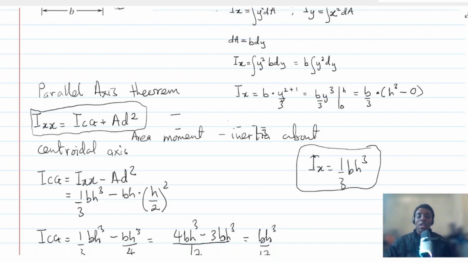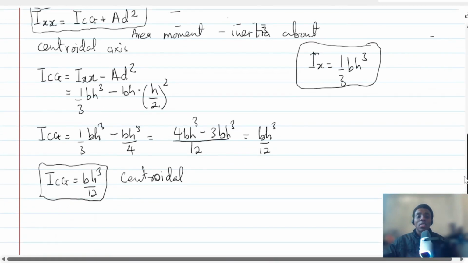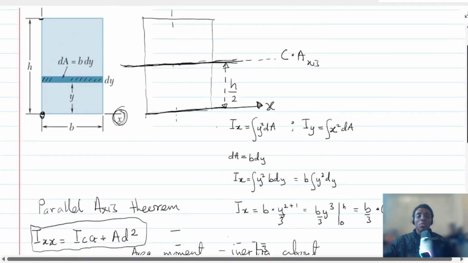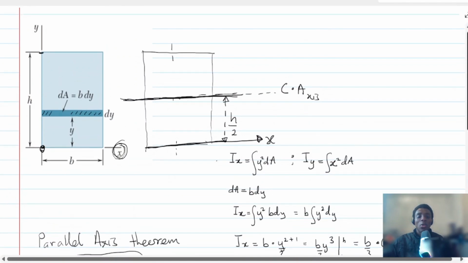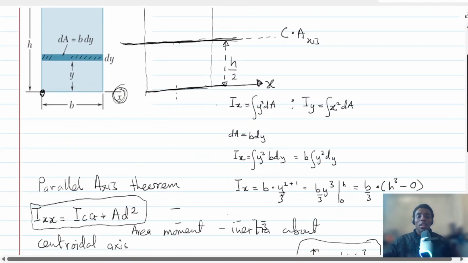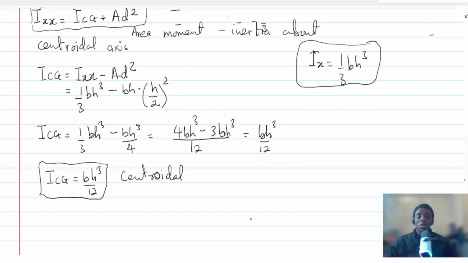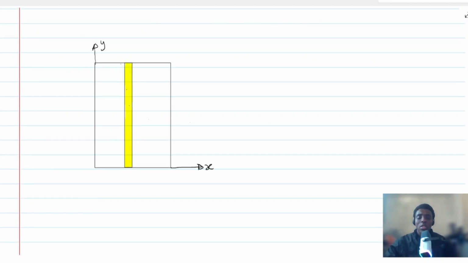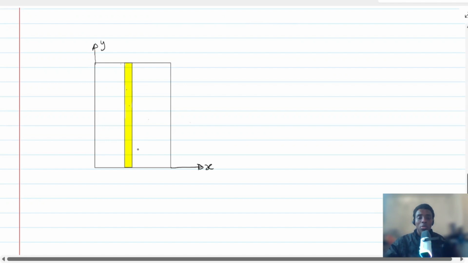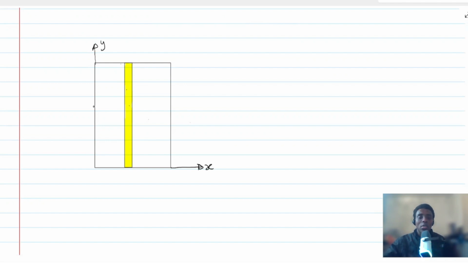Now that we have done for the x, let's do the same for the y. Okay, all right. So doing the same for the y, this time around, instead of going by the x, we are going to take the elemental strip by the y. Okay, let's quickly do that. All right, so let's do the same thing for the y-axis.